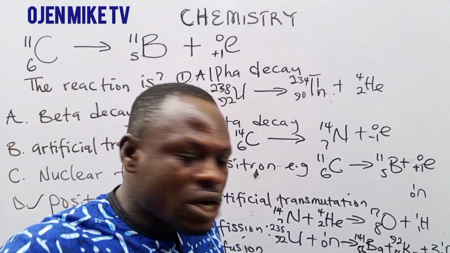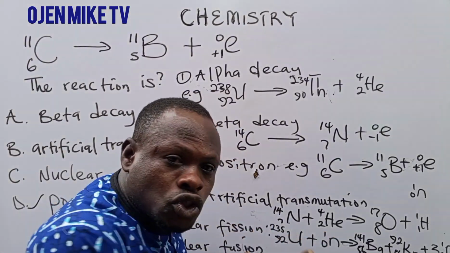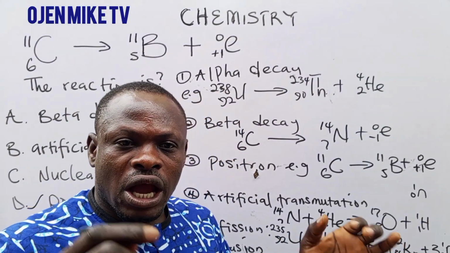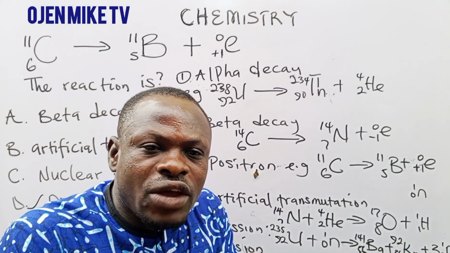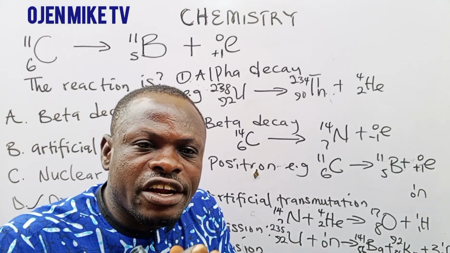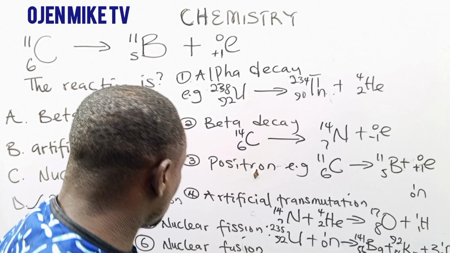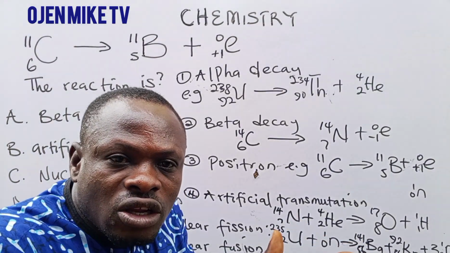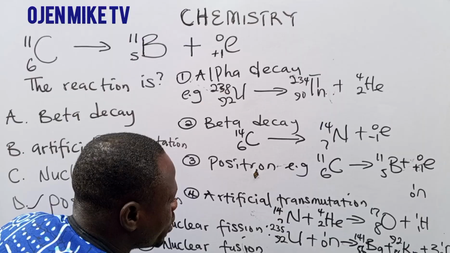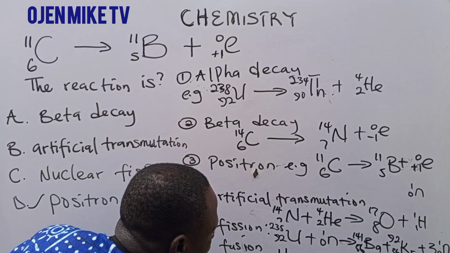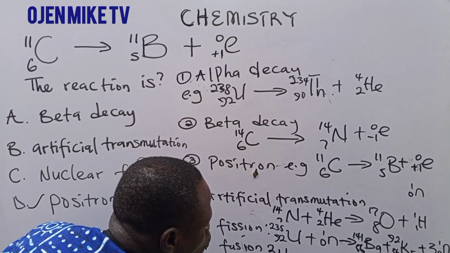When we look at nuclear fusion, when two smaller nuclei, light nuclei, combine to form a heavier nucleus with a great release of energy, what do we call that? Nuclear fusion. Small nuclei combine together. For example, we have an isotope of hydrogen.